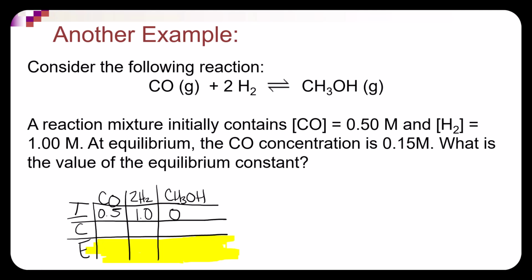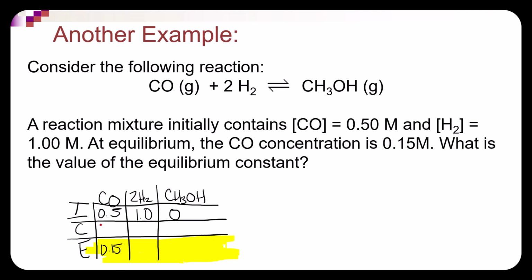At equilibrium, the concentration is 0.15. So carbon monoxide at equilibrium is going to be 0.15 molar. Having at least one of the concentrations at equilibrium is super helpful because now I can solve for that change.